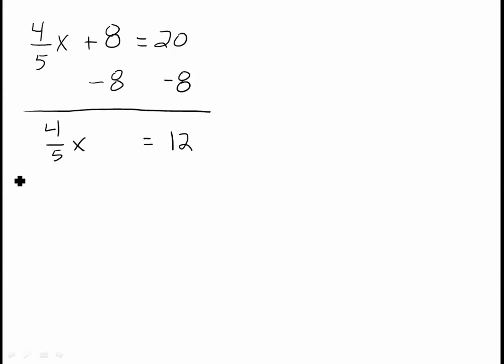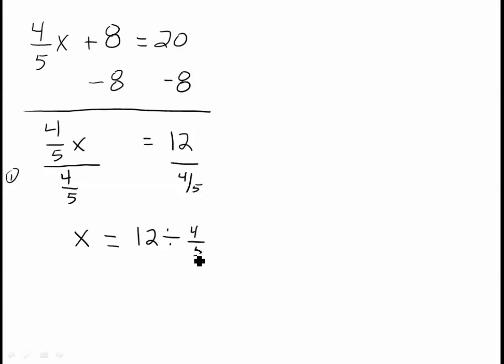Now we have two options. Our first option, to undo the multiplication, is to use the division property of equality and divide both sides by 4/5. When we do this, 4/5 divided by 4/5 is 1, so we're left with 1x equals 12 divided by 4/5.